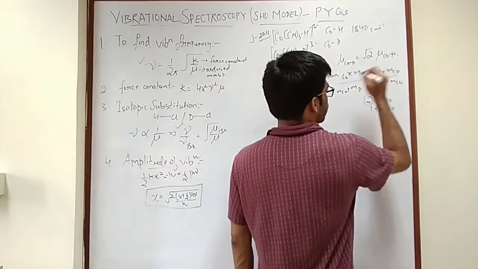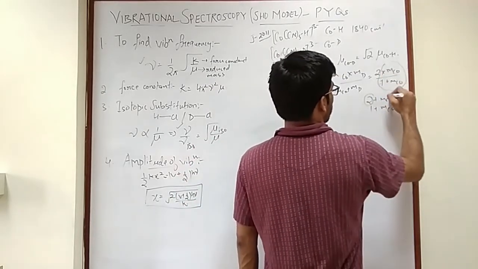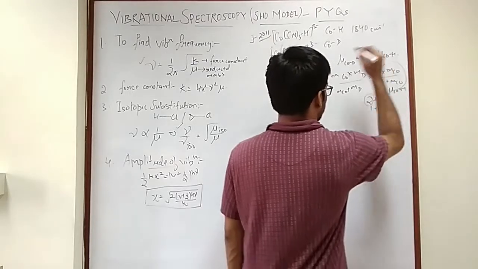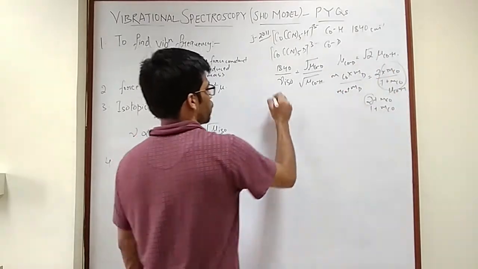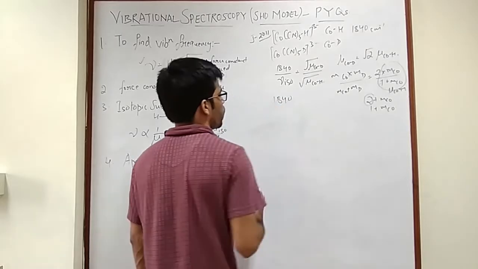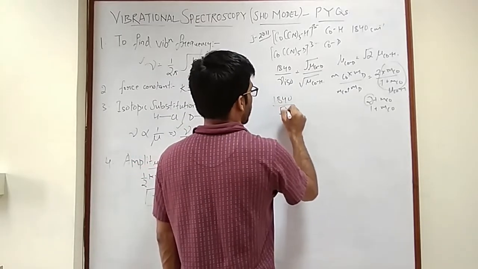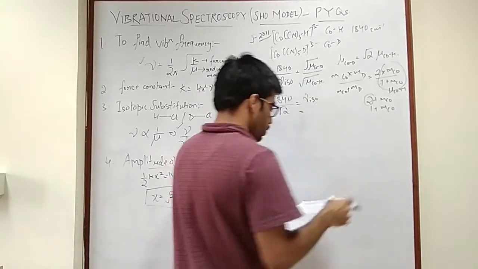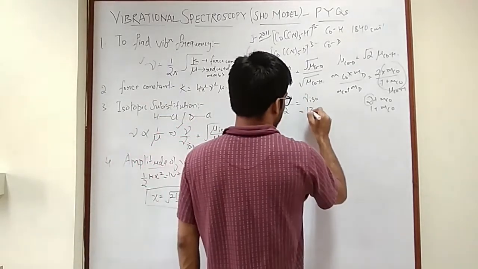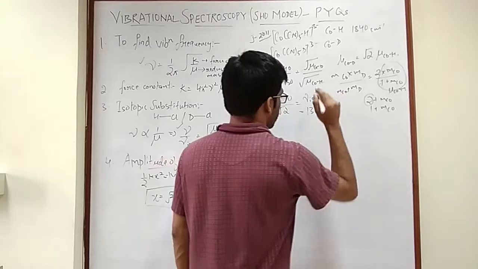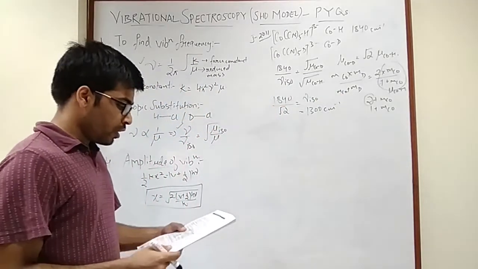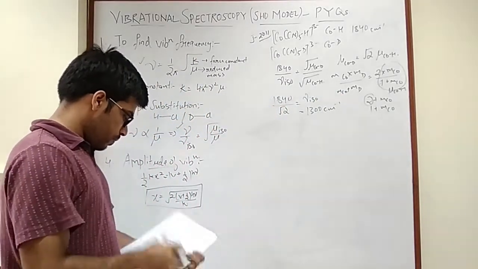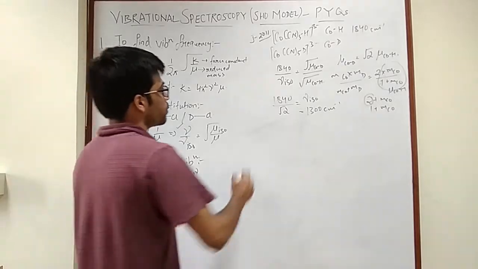So I can consider this to be 1, and then this becomes root 2 times mu CoH. So 1840 by root 2 is equal to nu iso, and this should come to be 1300 centimeter inverse.